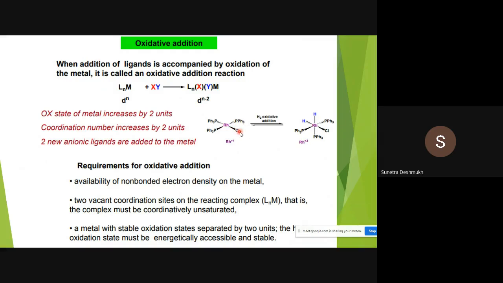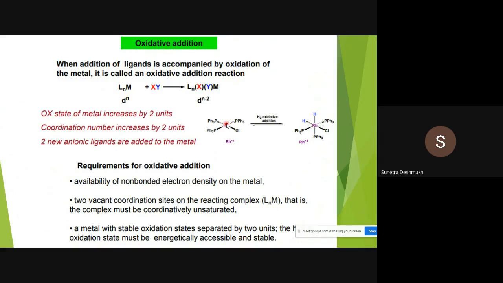Now we are going to see how H2 adds via the oxidative addition pathway to this rhodium. Rhodium is in the +1 oxidation state. This is the example of oxidative addition, very nicely explained. This is Wilkinson's catalyst, and we are going to add H2 to this rhodium.